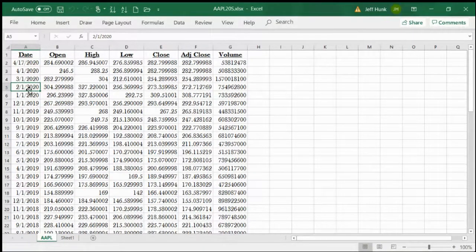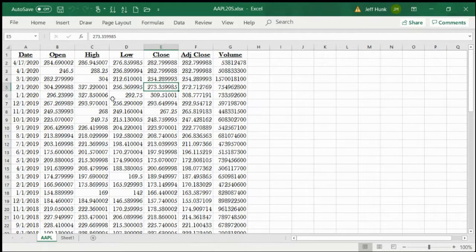So don't worry about whether it is the first day of the month or the last day of the month. They will always give you the first day of the month to represent the month. Actually, what you got there is the end of the month price. This closing is the closing price of the last day of March, closing price of the last day of February.